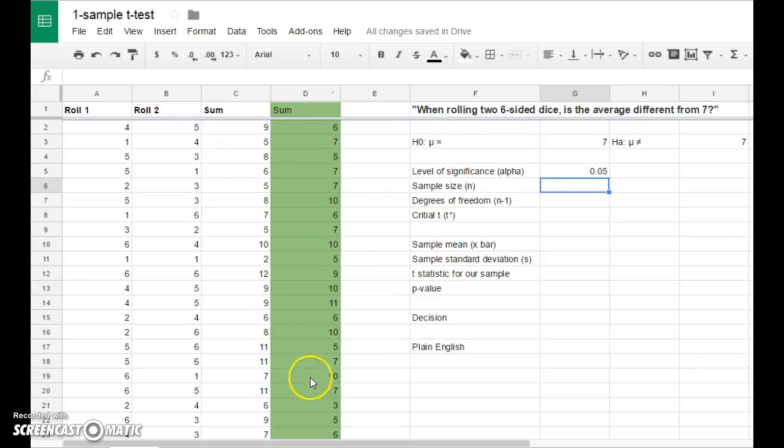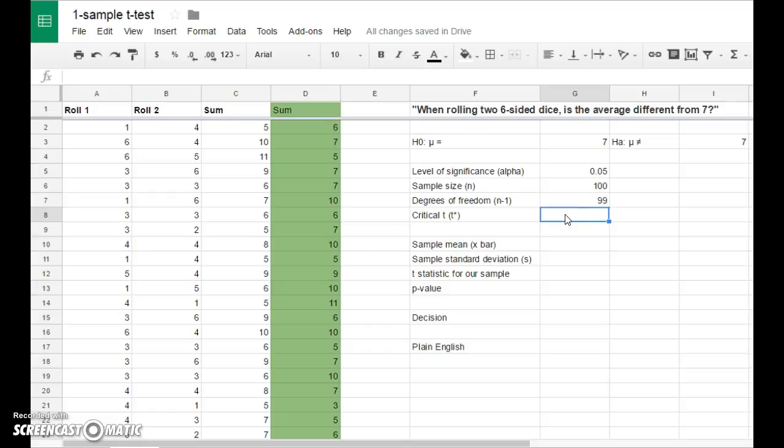So this column right here is the data that I'm analyzing. And if I'm looking at it like that, I really just have 100 rolls of the pair of dice. Degrees of freedom would just be 1 less than whatever my sample size is for a 1 sample t-test. And my critical t-value, this is the cutoff.